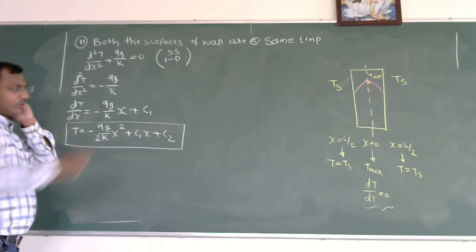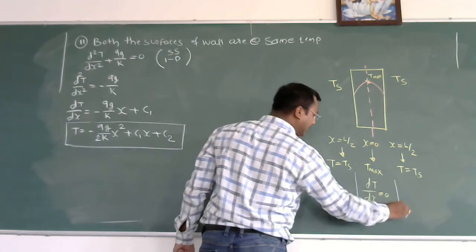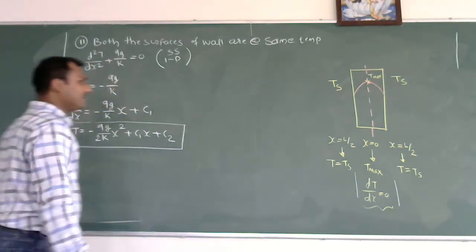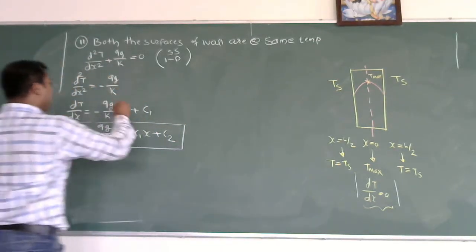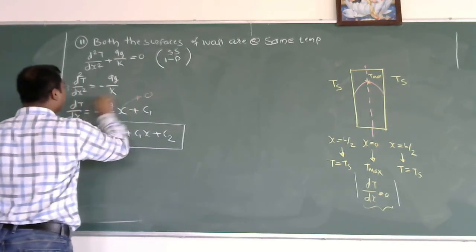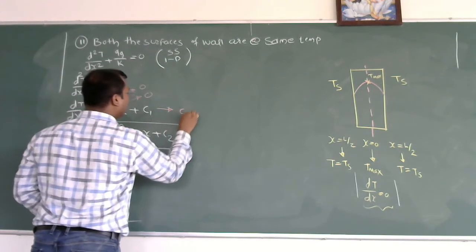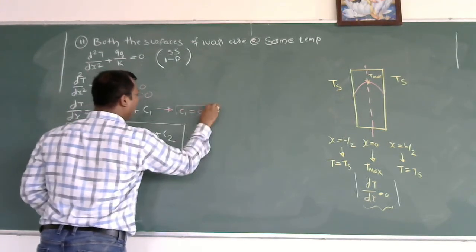Now let us put the boundary conditions. If I am considering the boundary condition that at x is equal to 0, dT by dx is equal to 0, I simply need to put x is equal to 0, and dT by dx will be equal to 0. So this simply gives me c1 is equal to 0.